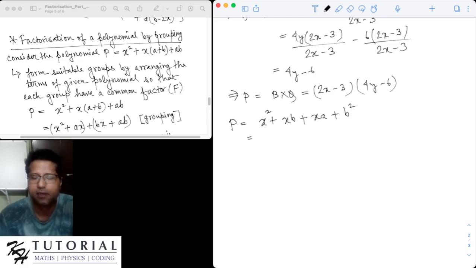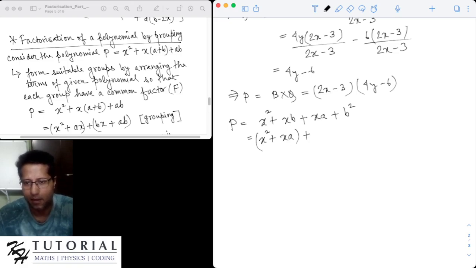Now I can see that if I form two groups, a group of the terms x square and xa, I form this group, and the remaining two terms I form as another group. So we have two groups.